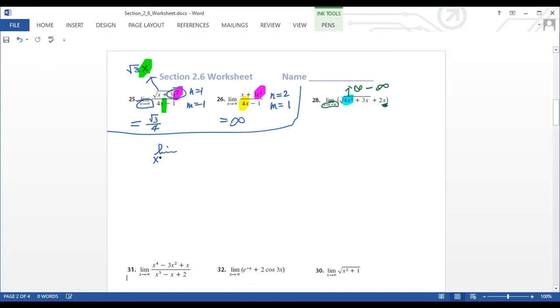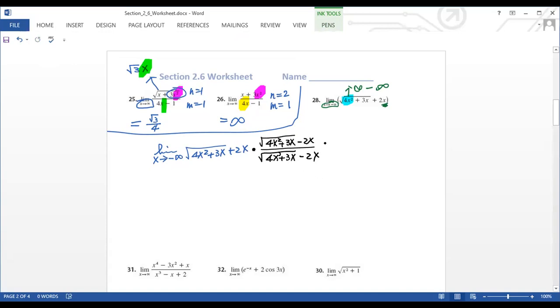So this is the limit as x approaches negative infinity of the square root of 4x squared plus 3x plus 2x. Remember, we use the conjugate. So what do you multiply by? You multiply by the conjugate, which is the square root of 4x squared plus 3x minus 2x, over the same expression.